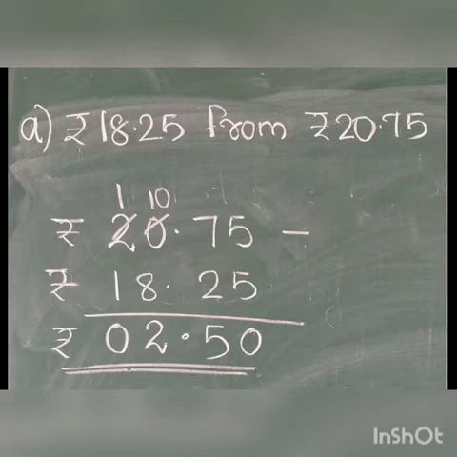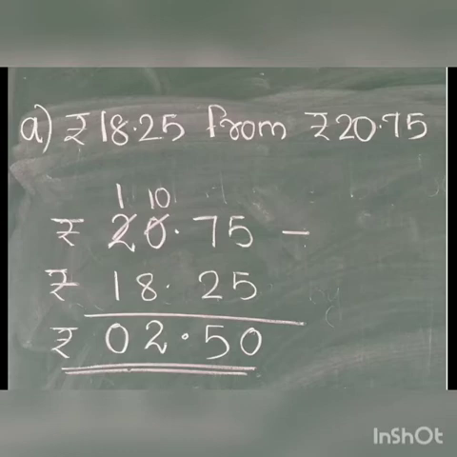Now if the question is subtract 18.25 from 20.75, here which number is larger and which is smaller, you can see, isn't it? So always write the larger number at the top and the smaller number at the bottom, because every time you subtract a smaller number from a larger number.